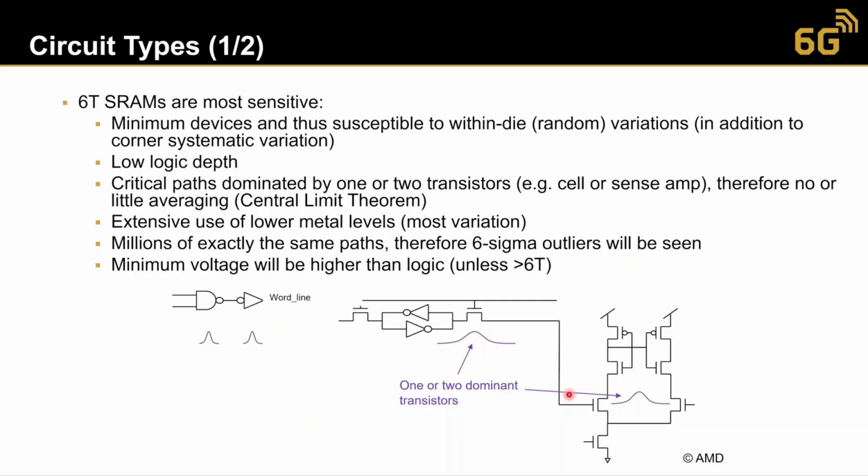If you see a big variance in one of those transistors, then that will show up in the cell. And of course, in SRAM, you have millions of instances of exactly the same cells in exactly the same places. That means you will get outliers, most likely 6 sigma outliers. And if you want to go to minimum voltage, it will be higher for SRAM than it is for logic.